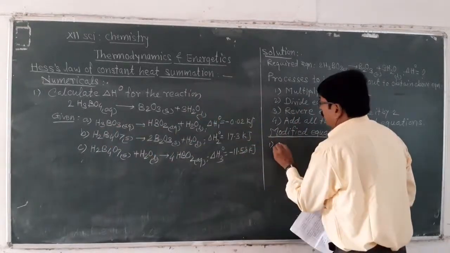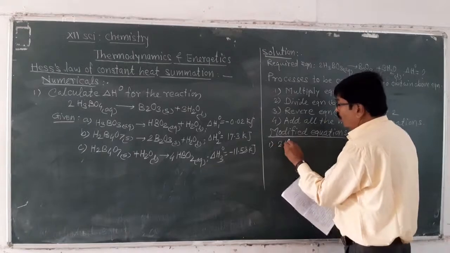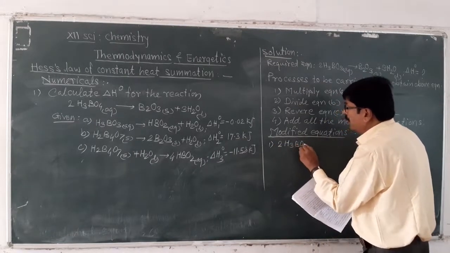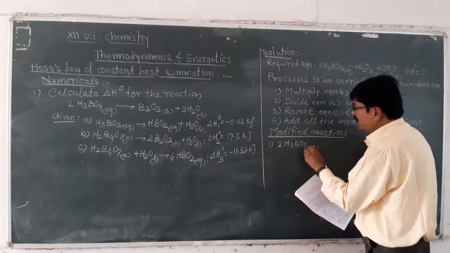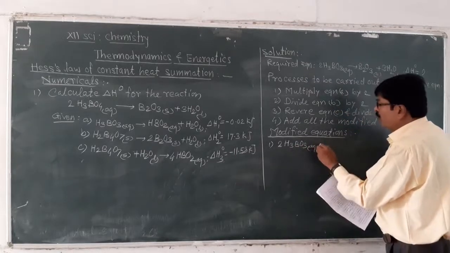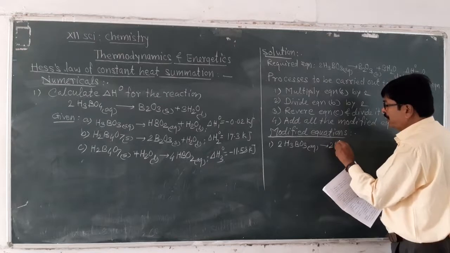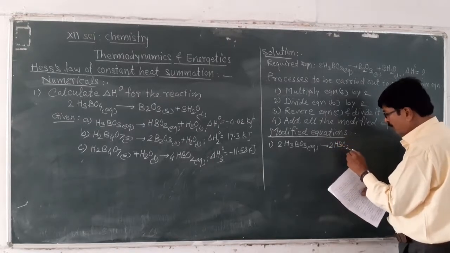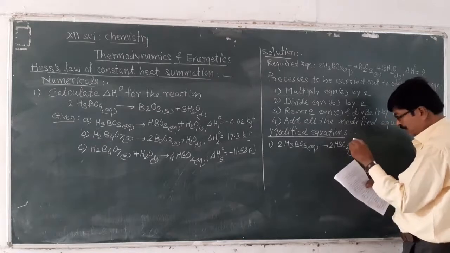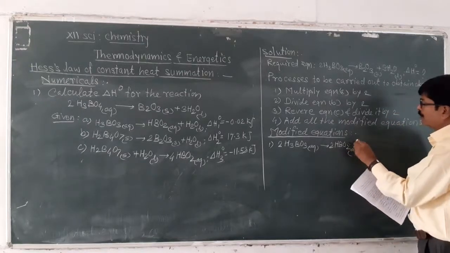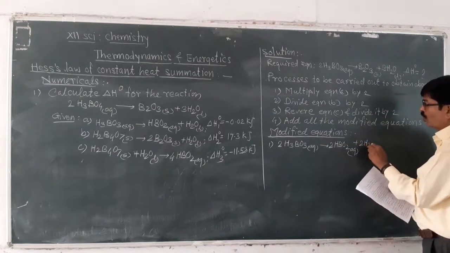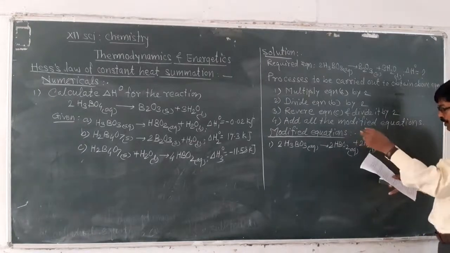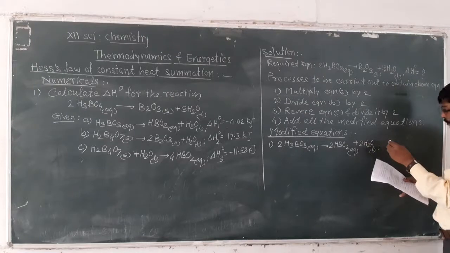We get 2H3BO3 aqueous gives twice HBO2 aqueous plus 2H2O liquid, and enthalpy change of this equation is also multiplied by 2.